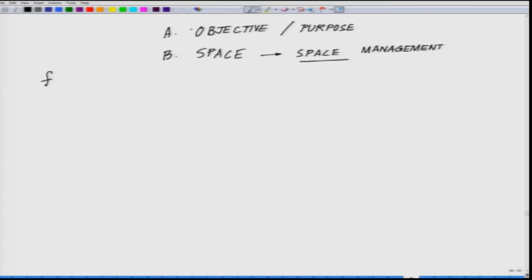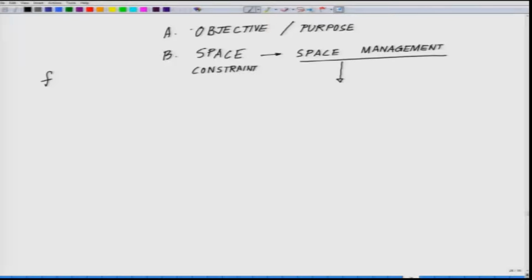This is very, very critical because first of all you are constrained by space. So, let me put it like that, space constraint, and then you have to manage the space. And if you talk about managing the space, then we have to talk about the kind of equipments, or the size of the equipments, you wanted to get for such constrained space.